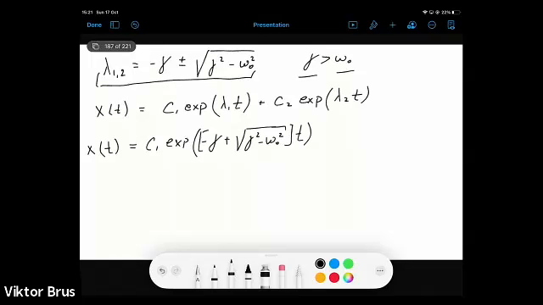Then we have another component, plus C2 times exponent of (minus gamma, and now we subtract, minus square root of gamma square minus omega naught square).